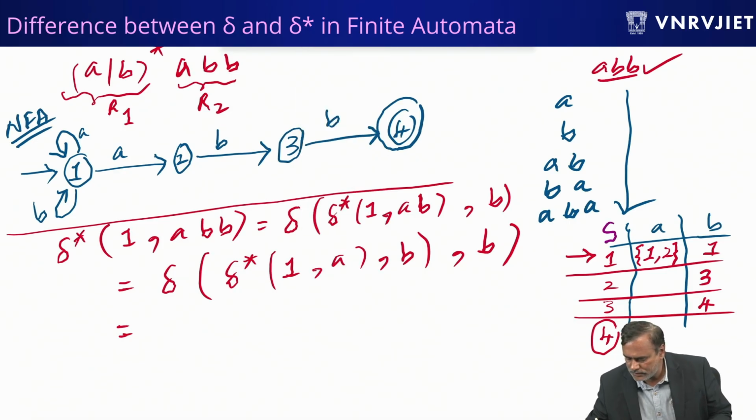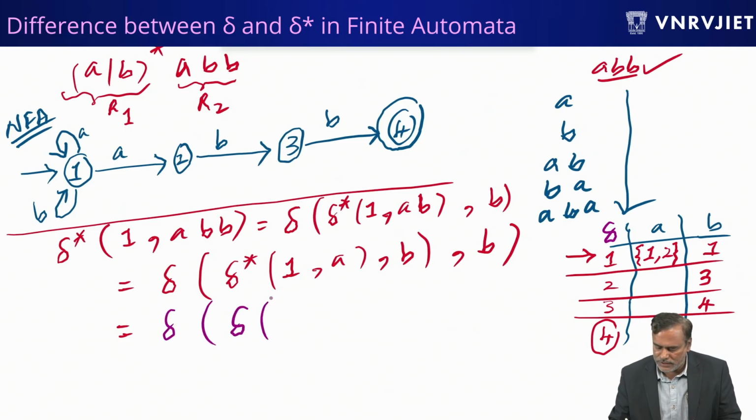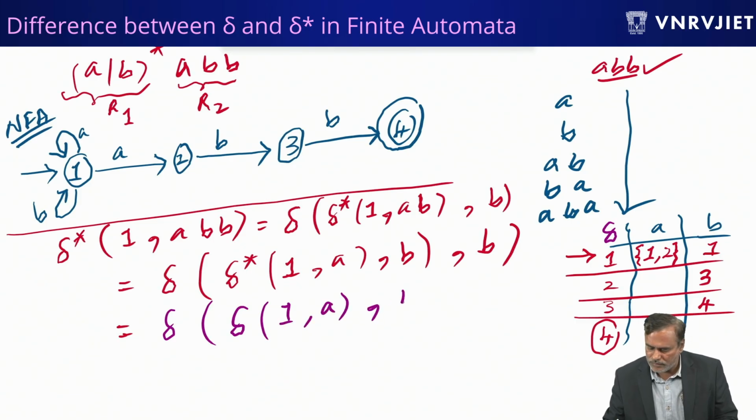So delta star of 1a can be rewritten as delta of 1a, or I can just erase the star part. This is what we have.